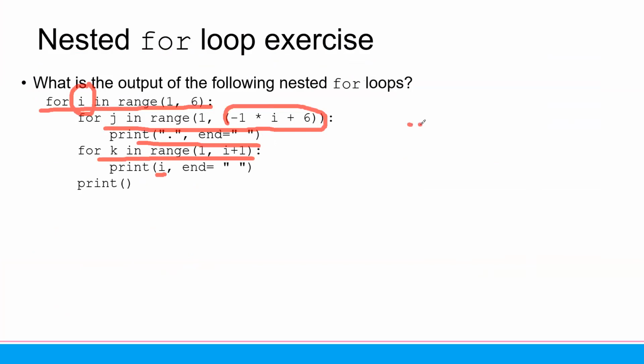So it will print like this one. Dot, dot, dot, dot. For the first, because I is 1, it will print only 1. Then dot, dot, dot. If it is 2, then it will print 2 and so on.